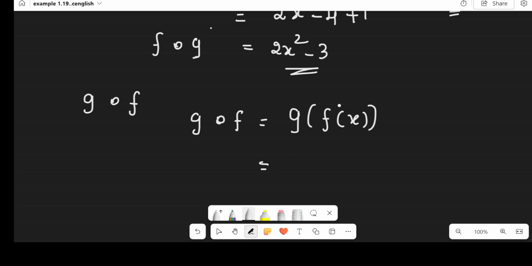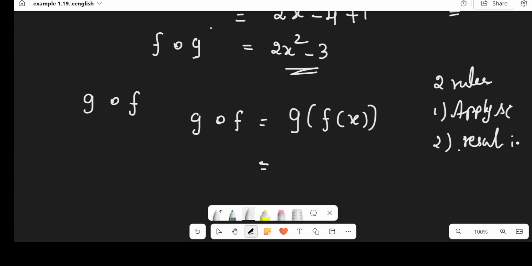Now we are going to apply the two rules. What is the first rule? Apply the second function first, and after getting the result, apply the result in the first function. Here, what is the second function? F of x. What is the first function? G. Second is f.